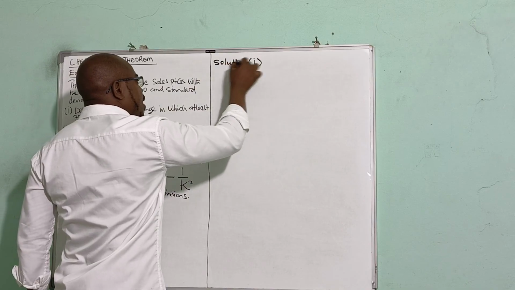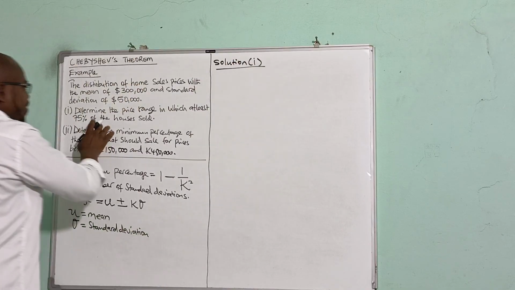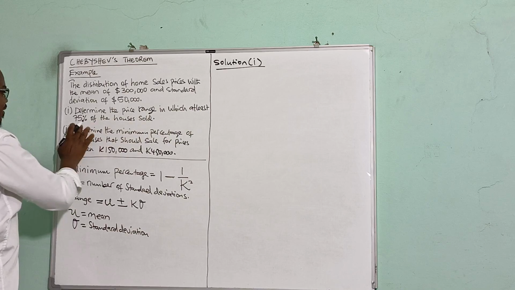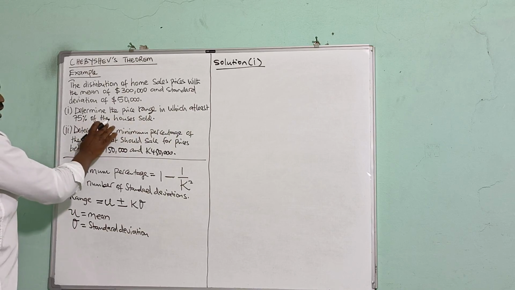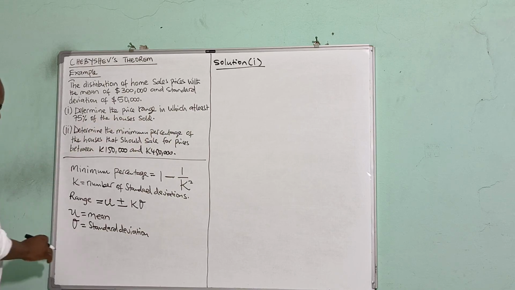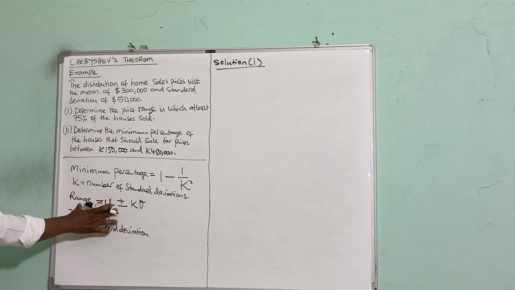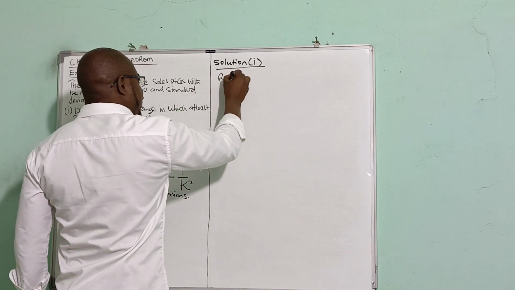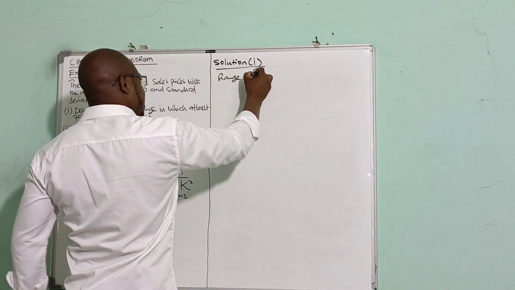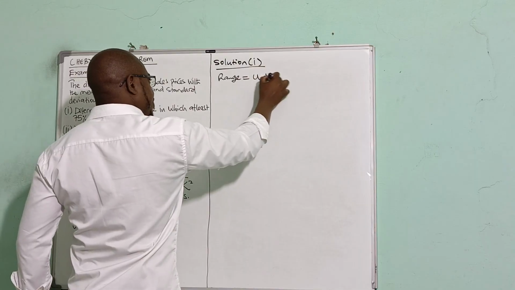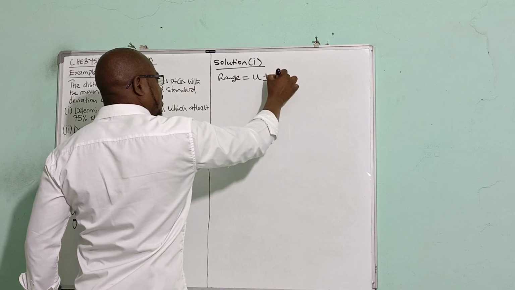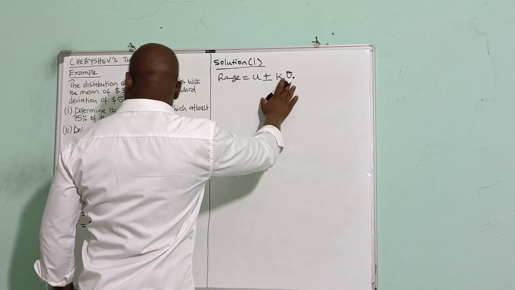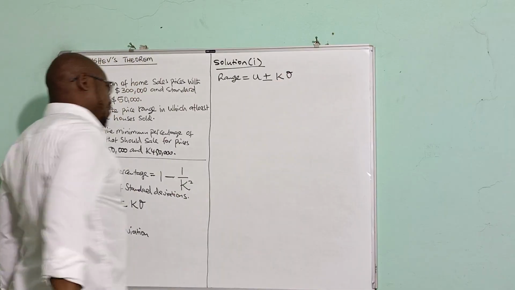Solution 1. If we are determining the price range in which at least 75% of the houses are sold, the formula for the range is the mean plus or minus k, the number of standard deviations, multiplied by sigma, the standard deviation.